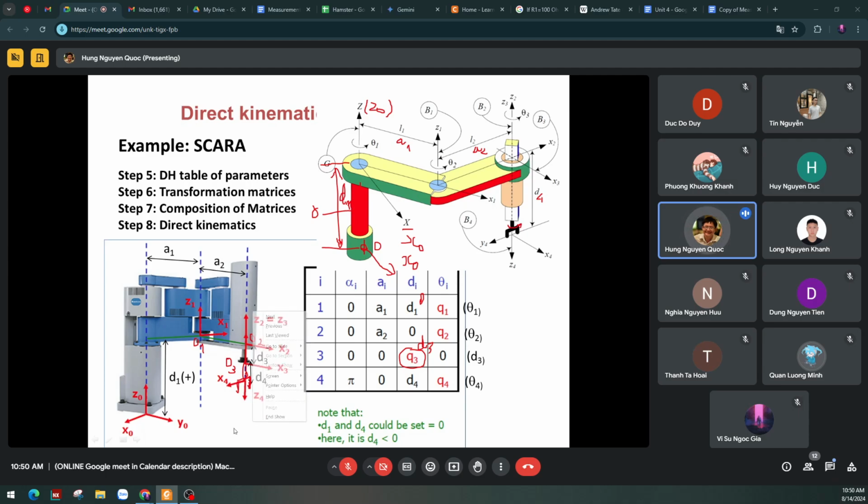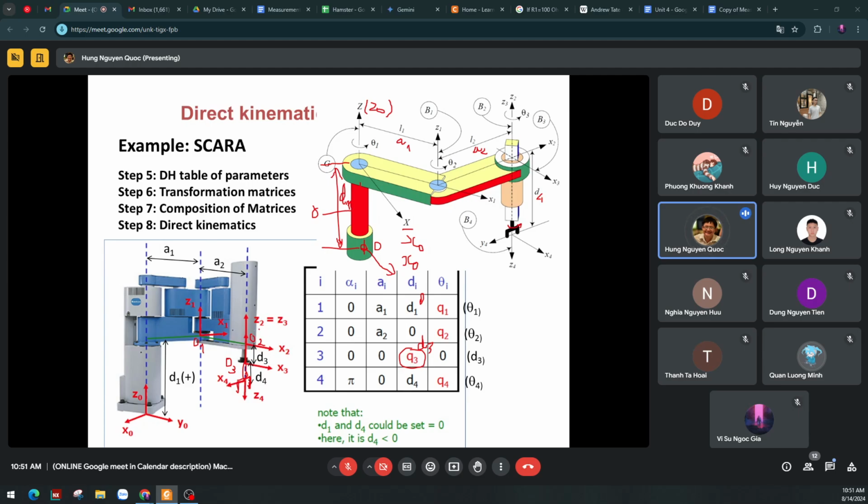So in this case, X0 is arbitrary. X1, remember, is perpendicular to Z0 and Z1, so X1 is here. X2 is perpendicular to Z1 and Z2. They are parallel, and this is X2. And X3, of course, is perpendicular to Z2 and Z3.